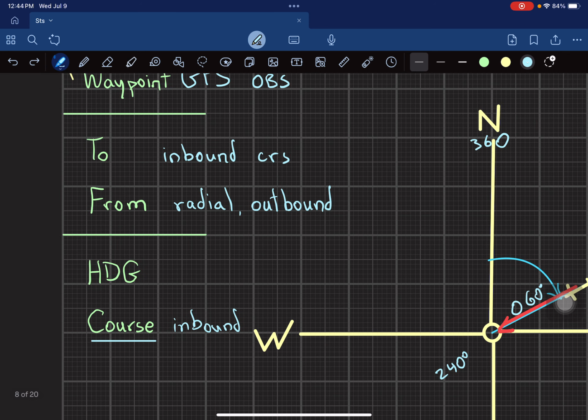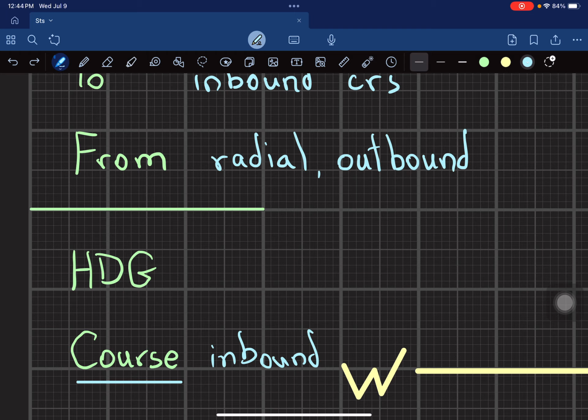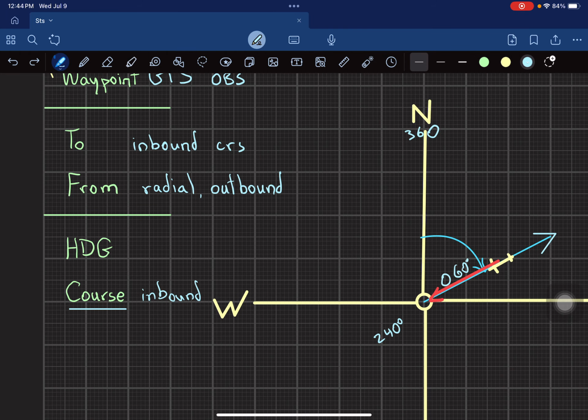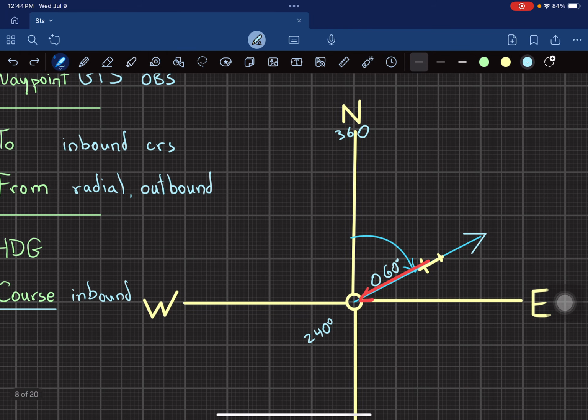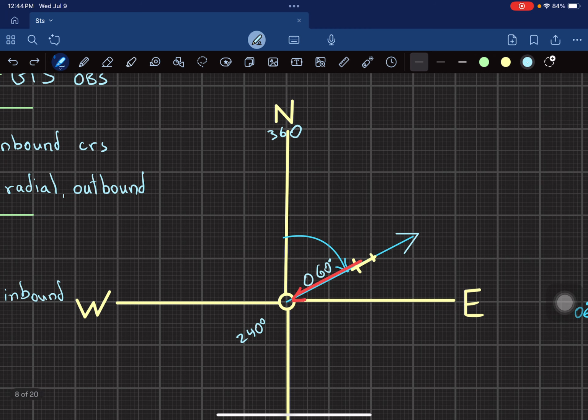On the opposite hand, a heading is not a needle you keep centered. It's a heading that you estimate at the beginning by using the reciprocal, but after the second lap, you will use it to correct for any wind drift that you may find, pushing you away from your inbound course or into the inbound course.